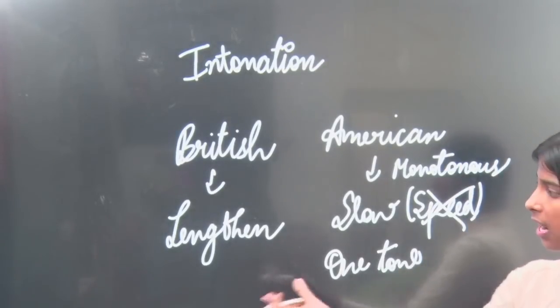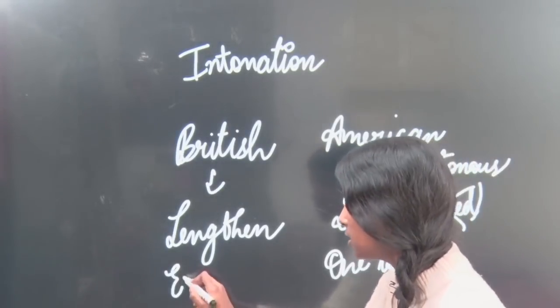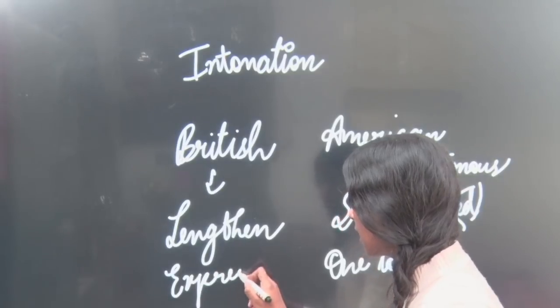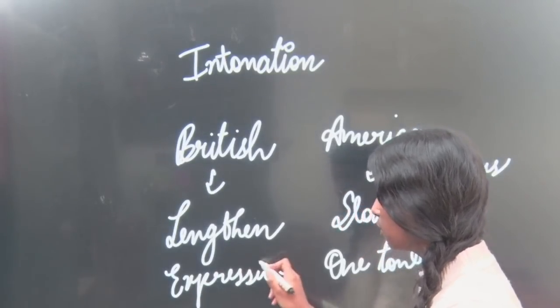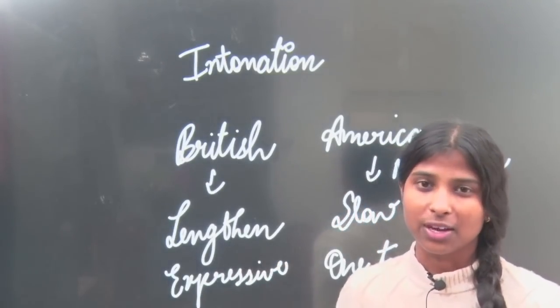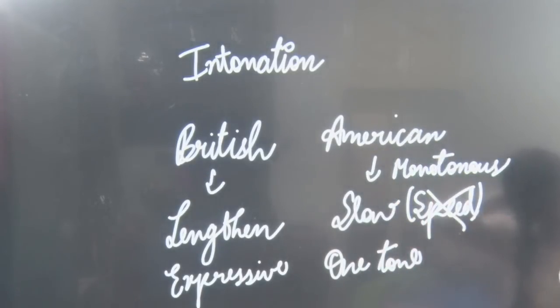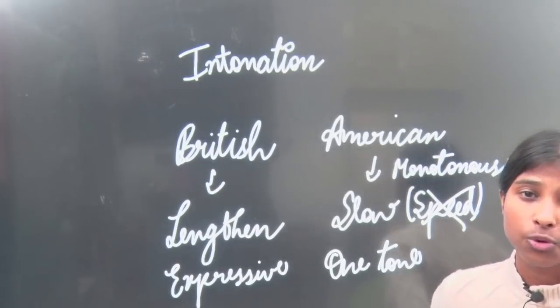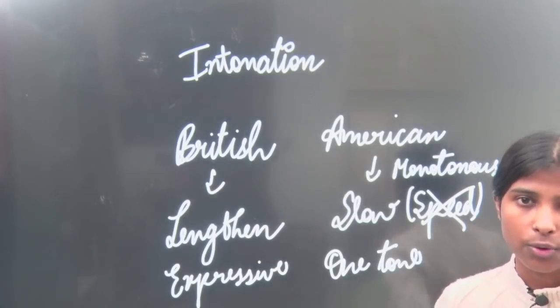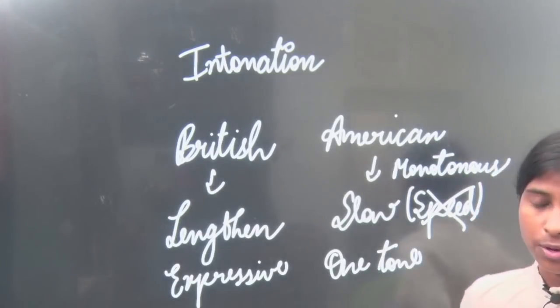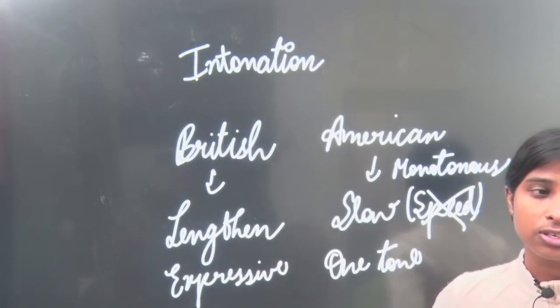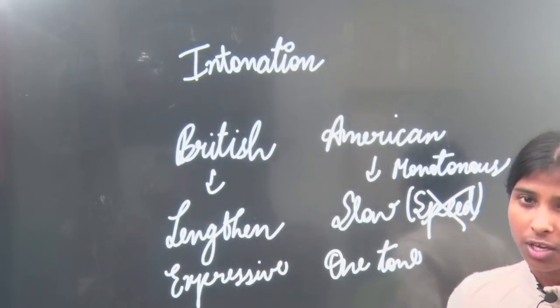Whereas, on the other hand, British people are pretty expressive. They express their words more, they lengthen their words more, like I am doing right now. And wow, I've been talking in an American accent for a long time now. The British people tend to lengthen their words more, whereas American people speak pretty slow. So that's what you people need to know.